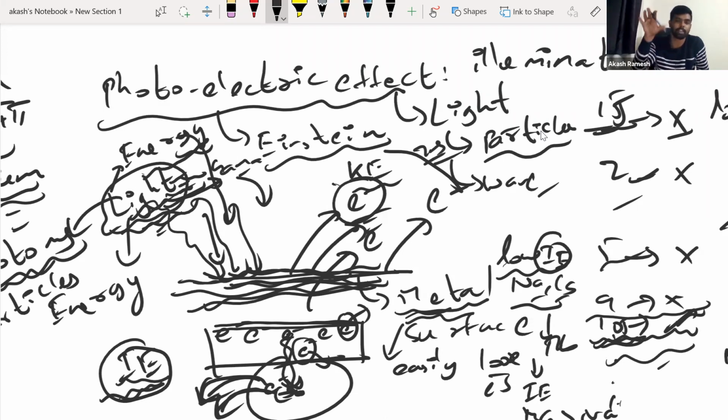So when light of suitable frequency falls on or illuminates the metal surface, electrons are emitted. That's what is given in the statement. Right? Okay, everybody's okay?